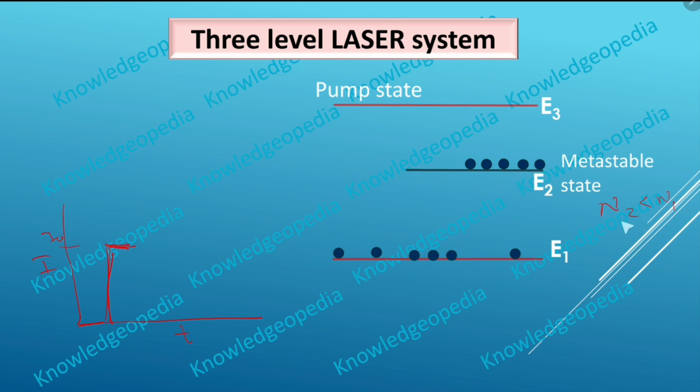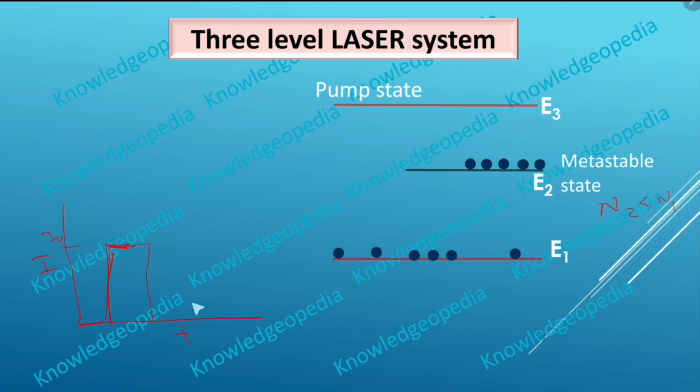That means again N2 is less than N1. In this situation population inversion will not be there, and we are not getting any output, so the output will again come down to 0. Then the atoms need to be pumped again to energy state E3, from there to E2, and it will take some time to establish the population inversion once again.